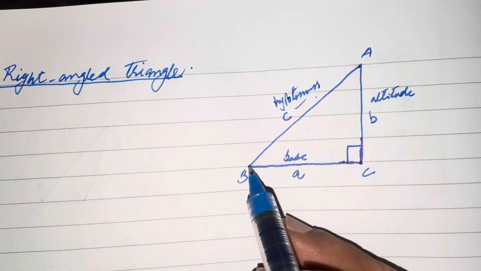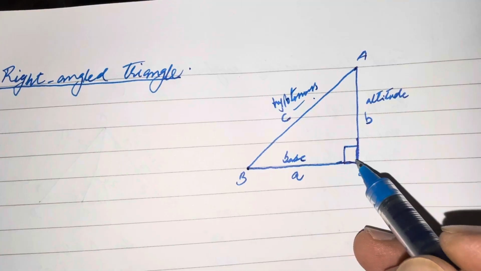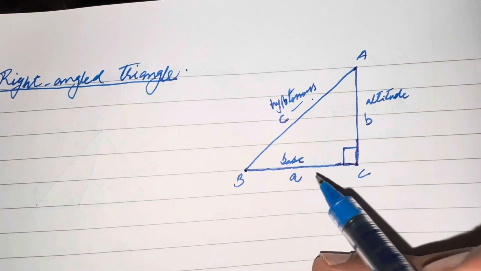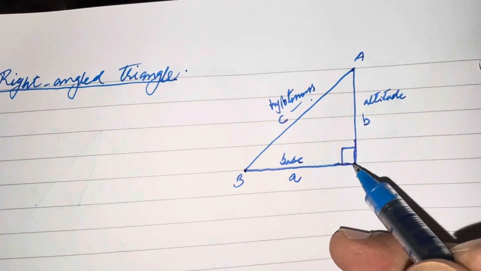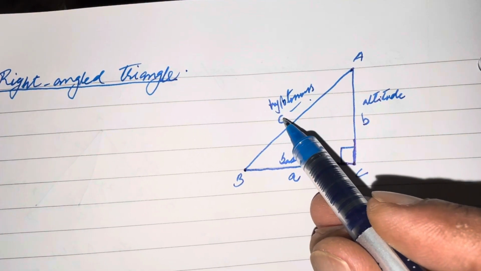These are the names that we have given to this triangle. The two sides which have the 90 degree angle are called the base and altitude, and the side opposite to the 90 degree angle is called the hypotenuse.